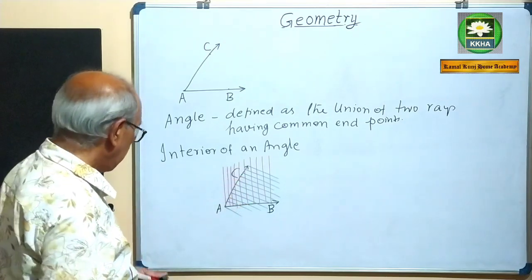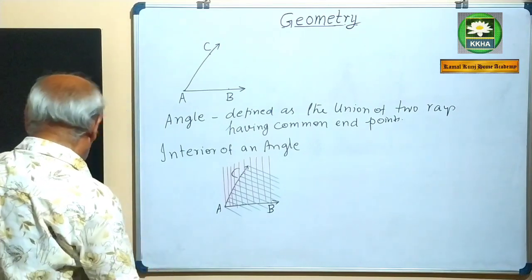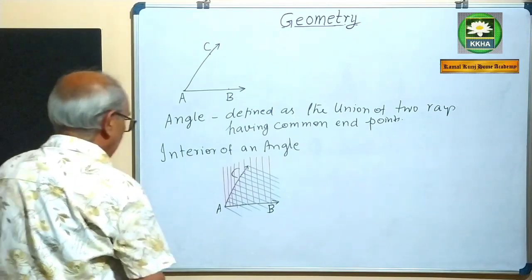This is the intersection, and this is called the interior of the angle.